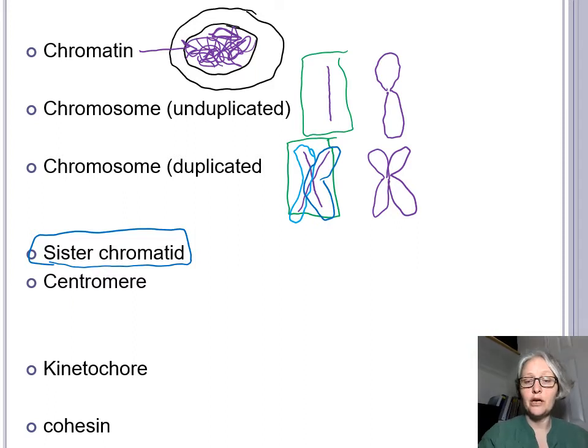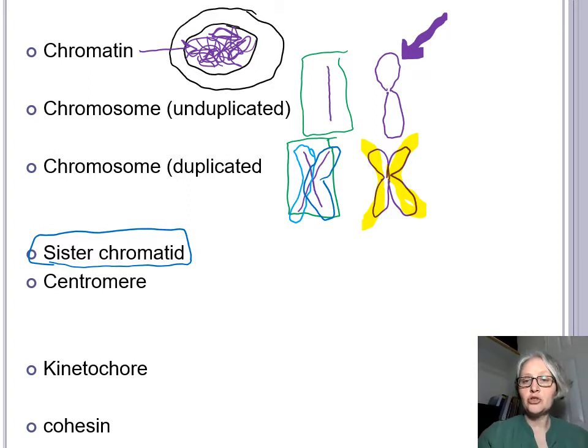So if we look at our duplicated chromosome up here, this chromosome right here has 2 sister chromatids. However, when we look up at this unduplicated chromosome, it is 1 chromosome with no sister chromatids.